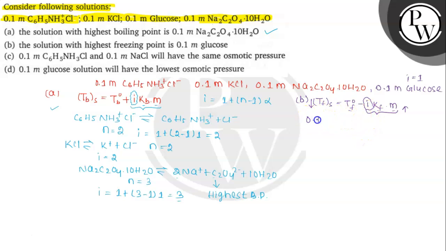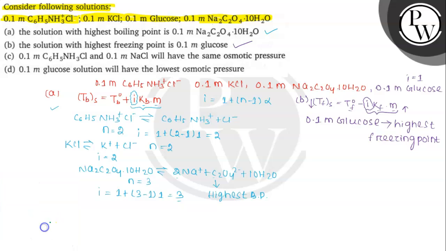So 0.1 molality glucose, as it has van't Hoff factor 1, the lowest, has the highest freezing point. That means the solution with the highest freezing point is 0.1 molality glucose. So this is also correct.